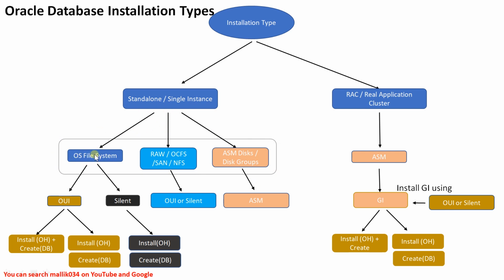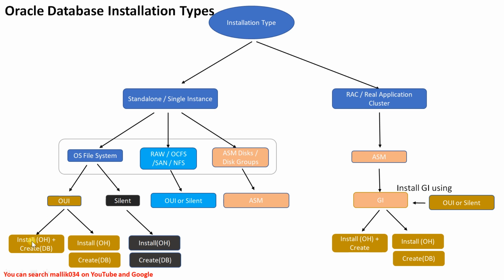So coming to the OS local file storage, in that you can install your database in two modes, whether it's OUI or silent installation. OUI is Oracle Universal Installer. It's a GUI mode, a graphical user interface. You have to launch the GUI mode and then install your database. So in that OUI mode, you get two options.